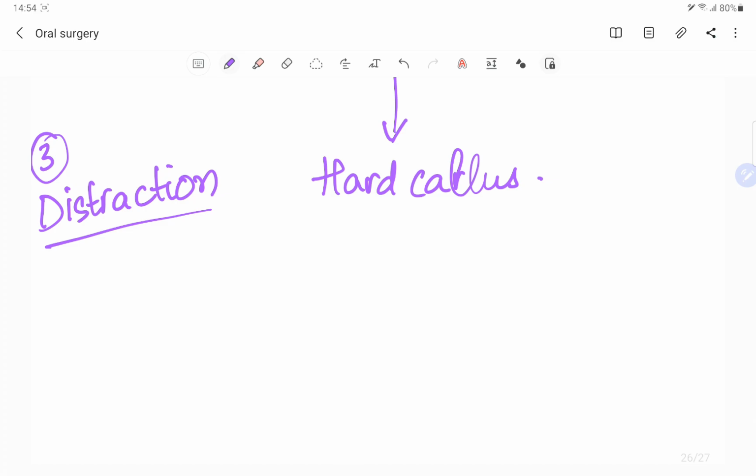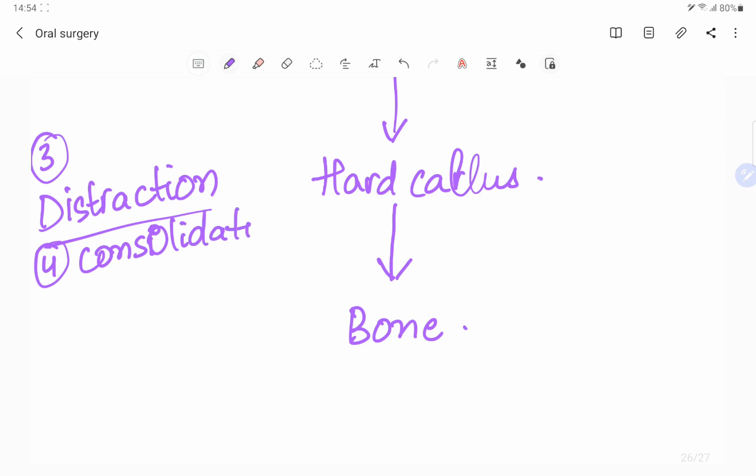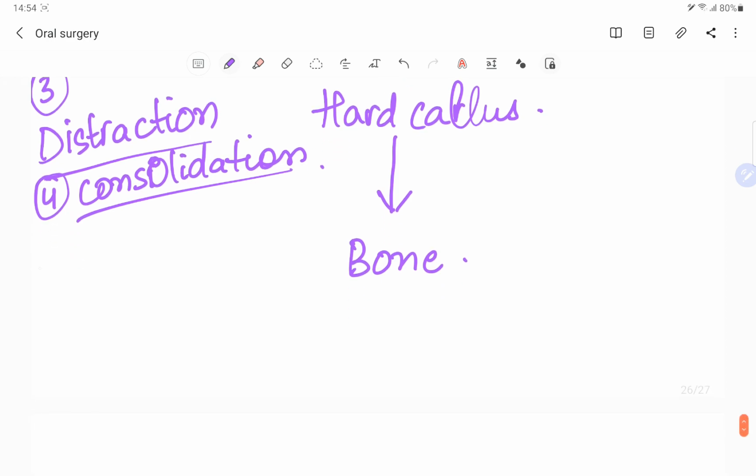And after a few months, this hard callus or bony callus is formed into bone. So then we have the consolidation phase, wherein we are not going to do any movement so that the hard callus is formed. And when the woven bone is converted into the cancellous bone, we call it the remodeling of the bone.